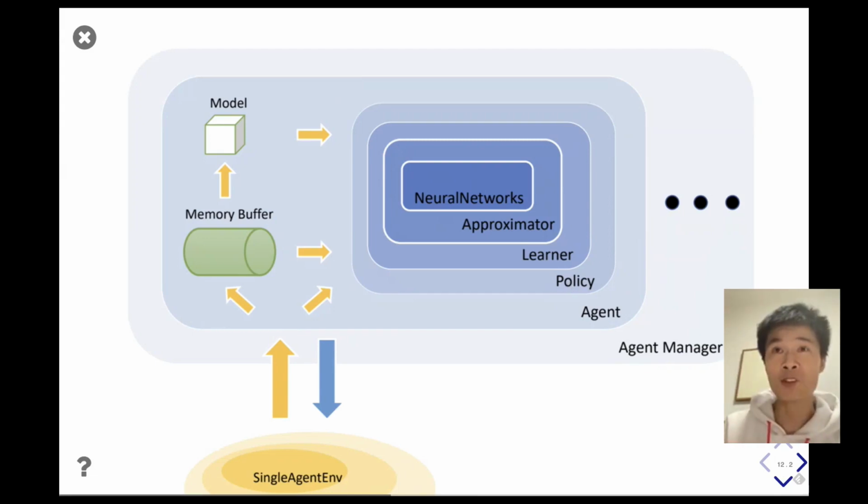But if you wrap it in an agent, the agent will do something before it sends the state to the inner policy, like insert the state to the memory buffer first. So actually we have leveraged the multiple dispatch in Julia so that we overwrite the original one. Yeah, that's pretty much the whole story behind that.